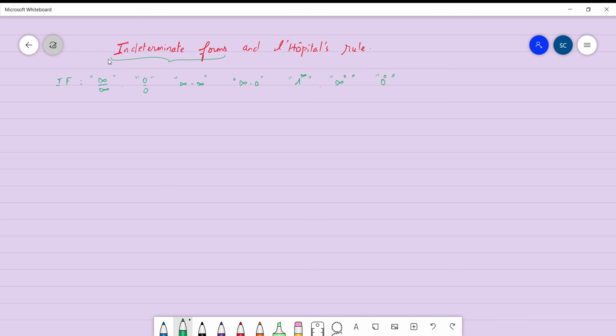We categorize these behaviors as indeterminate forms because we cannot conclude.